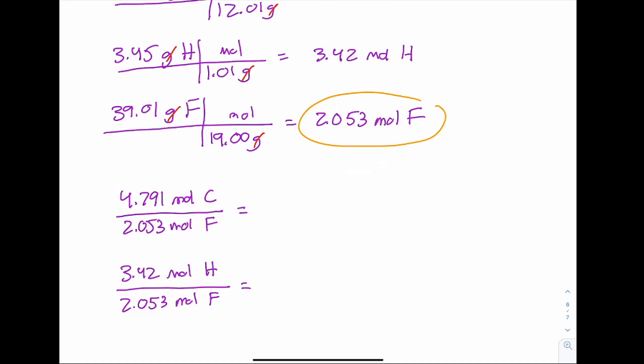So working that out, I'm ending up with 2.334 carbon for every 1 fluorine, and 1.66 hydrogen for every 1 fluorine.